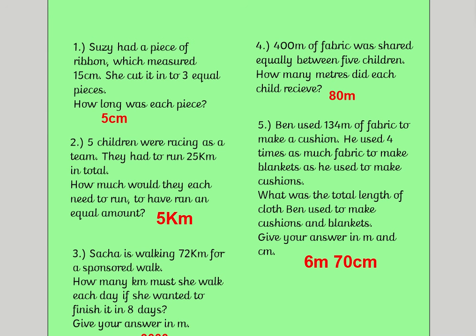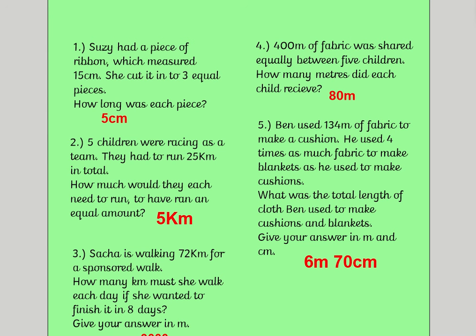How much would they each need to run to run an equal amount? So there's 25 kilometres that need to be run and 5 children are taking part. So 25 divided by 5 is 5 kilometres. Remember to include your units of measurement. Is it kilometres, centimetres, metres?